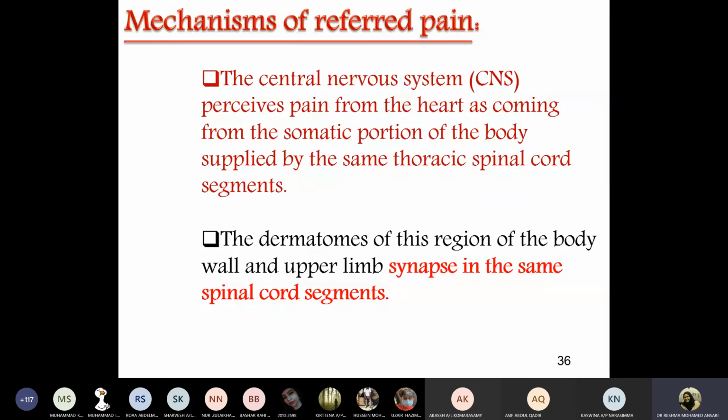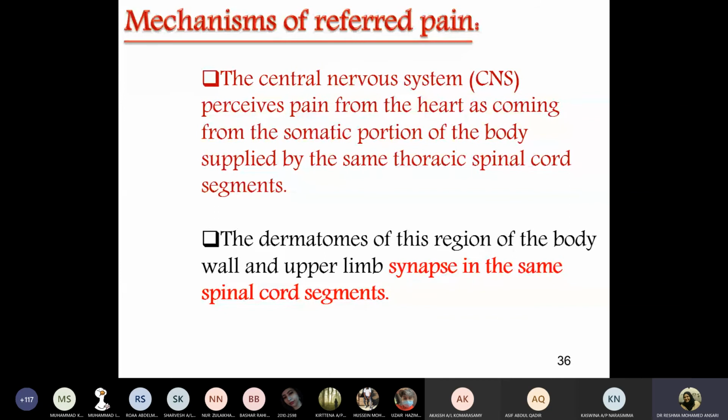Plus, T1 also supplies the inner part of the arm. So the brain will think, oh, the arm is paining, the chest wall is paining, and the heart is paining. So this is the mechanism of referred pain, because the synapse occurs in the same spinal cord segments. That's why in heart attack pain, the visceral pain is very minimal, because from the viscera the pain is low grade, but the brain thinks it comes from the body wall.